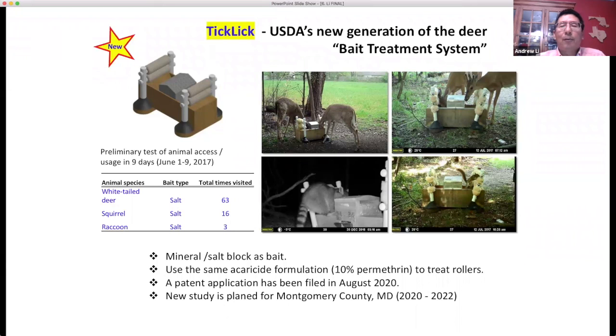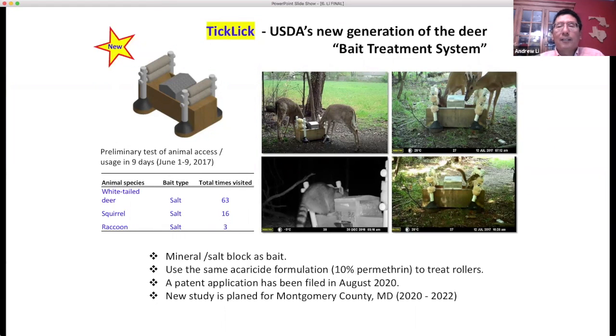The same idea as the fall poacher, it is a passive treatment. So we built a wooden prototype initially. We ran some tests outside. You can see, yeah, we do see animal use. We see access by raccoons and squirrels. During a 9-day test, we saw 63 visits by deer, 13 visits by squirrels, and 3 by raccoons.